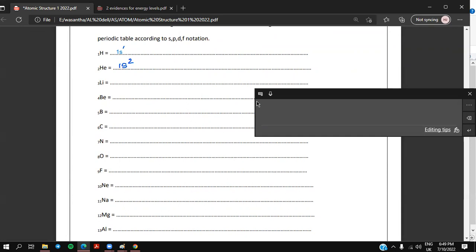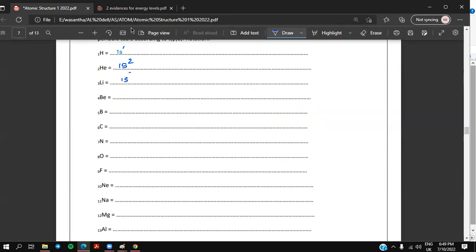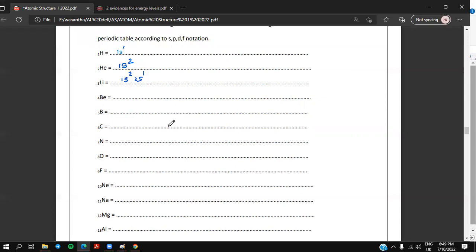Lithium has 3 electrons. So we can write 1s2, 2s1. There are 3 electrons. Likewise, can you write the electronic configuration up to the 20th element? The 20th element means until potassium.